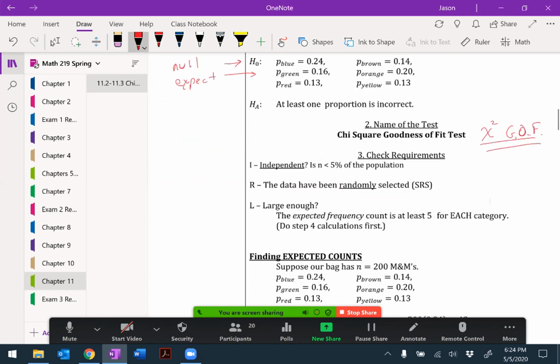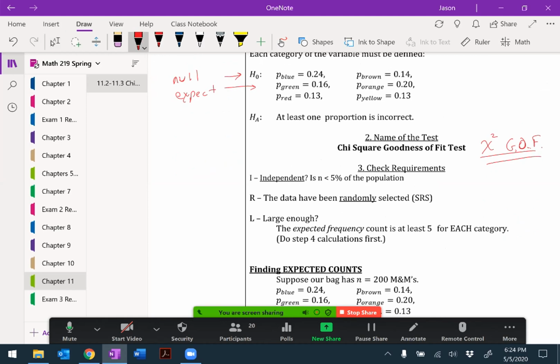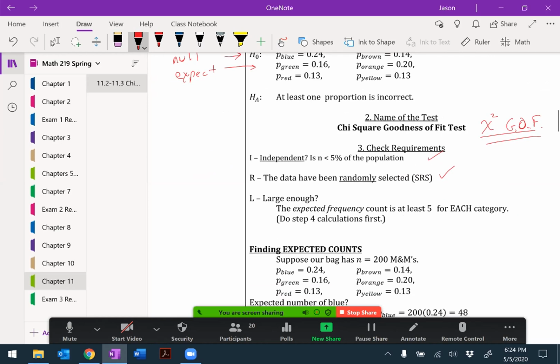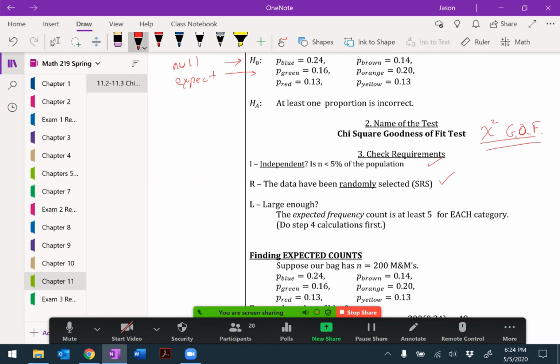Number 3, check the requirements. Is it independent? Sure. Is it randomly selected? Sure. Is it large enough? Is there at least 5 for each category? Well, it depends on the sample size. But we're going to assume that our sample size is large enough to get 5 M&Ms for each category.